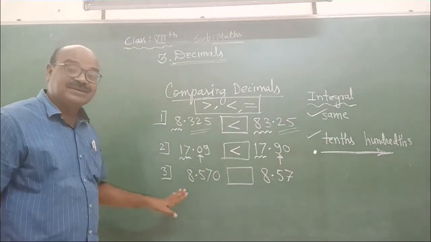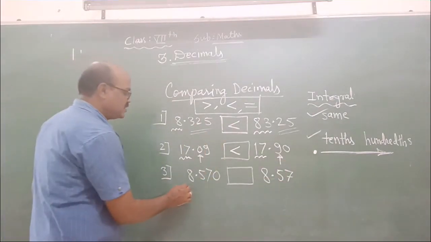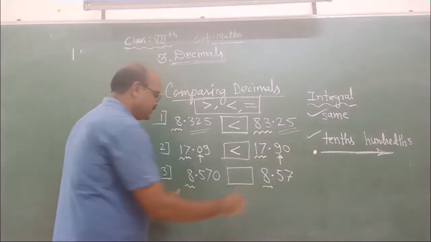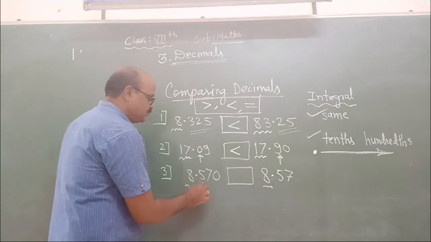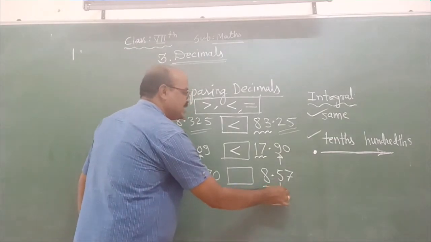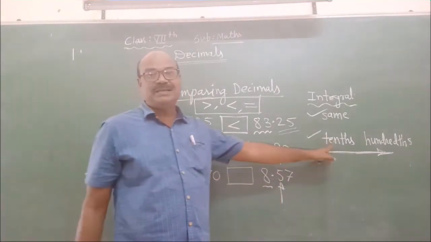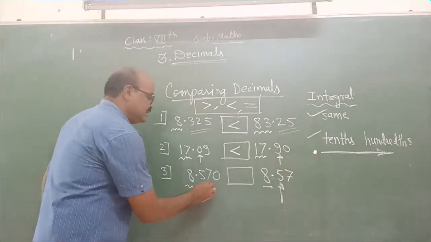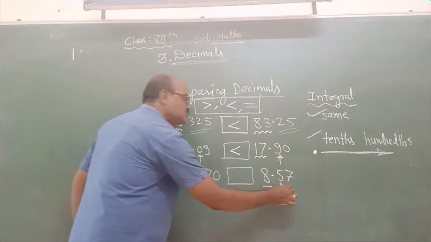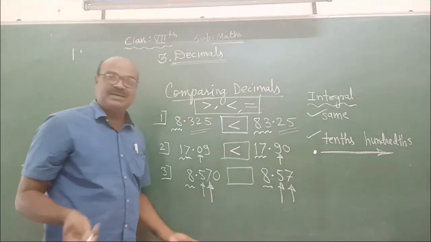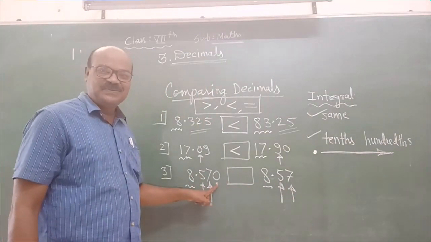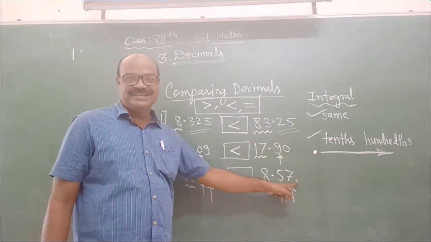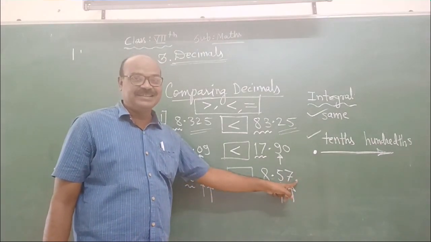Now in the third example, we can observe that the integral part is same, 8 and 8. After decimal point, tens place are also same, hundreds place are also same. Later on 0 is here but not there, right, not written there.